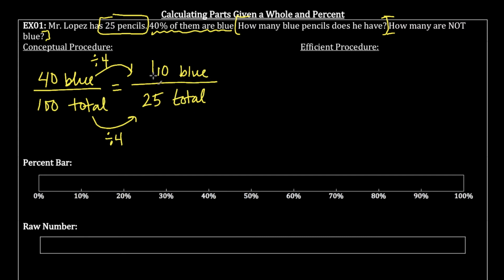So this is my first answer right here. Okay, now it says how many are not blue.